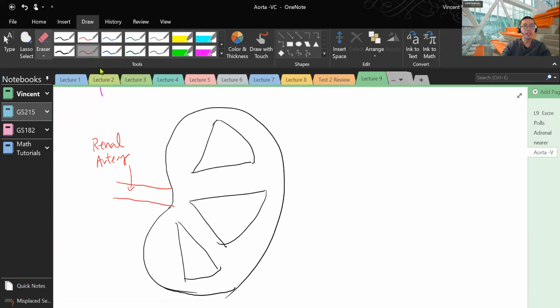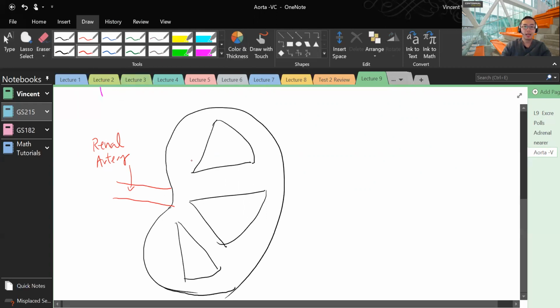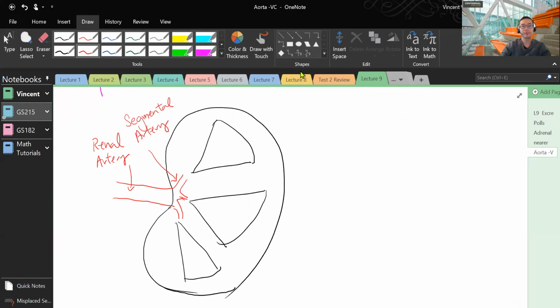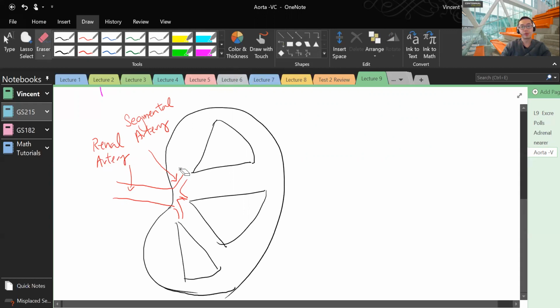Now, as soon as the renal artery comes in, it is going to split into smaller ones. The smaller ones are called the segmental artery. So, smaller branches.